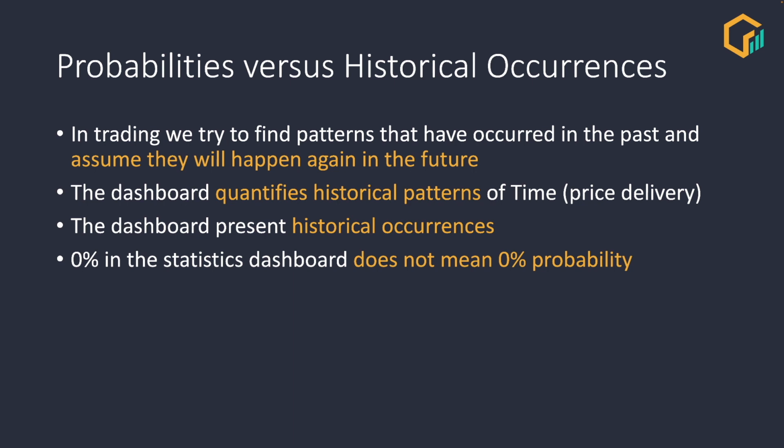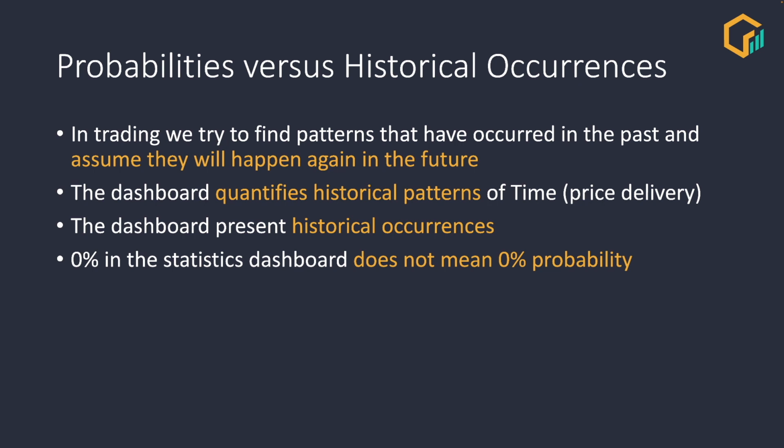That does not mean it will most definitely not happen. Just because something did not happen in your selected time frame does not mean it will not happen. It will definitely mean there is historically a very low statistical probability it will happen again, but it's not the same. Again, we're assuming it will happen again in the future.